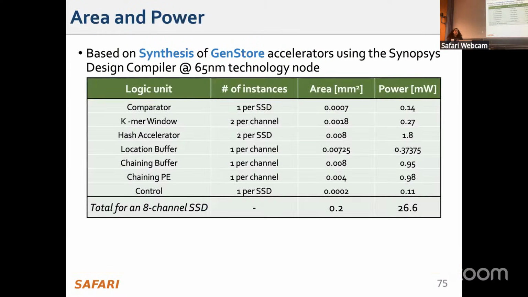We also looked at the hardware overhead of these things through synthesis of these hardware units. We are assuming that we would have our custom hardware at a very old technology node. But anyway, you see that it requires very small area and power consumption.